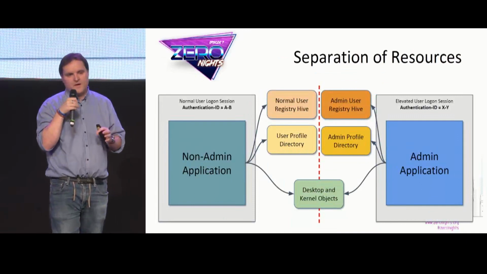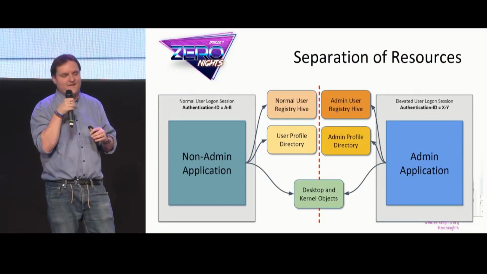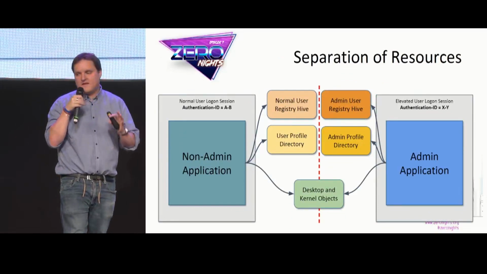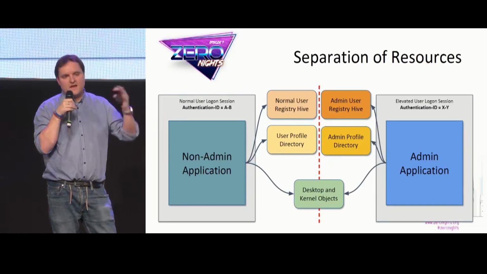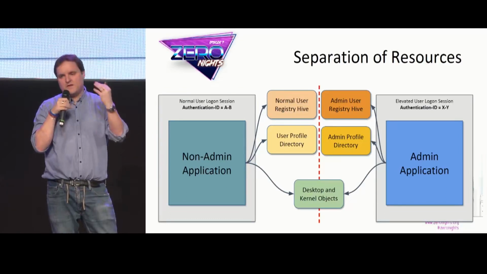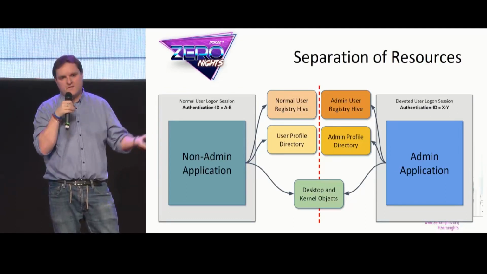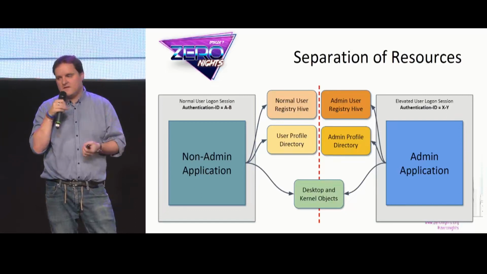And for the most part, it is fine for some definition of fine. One of the main differences is because they're two separate users, that inherent sharing now gets split. So things like the user profile. The admin processes run with a different on-disk profile to the non-admin users. The registry hive is different.